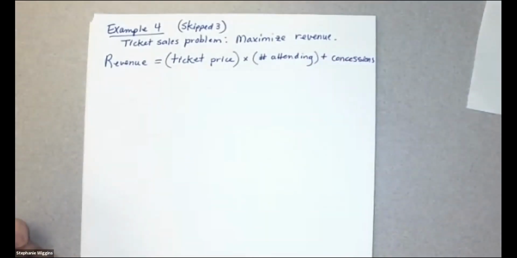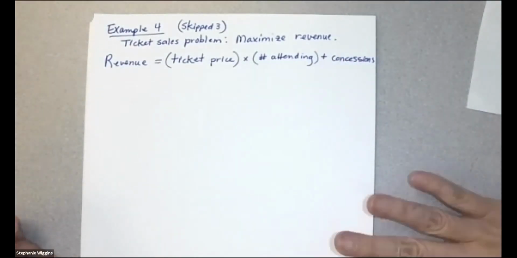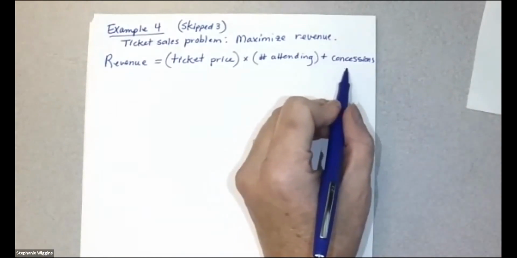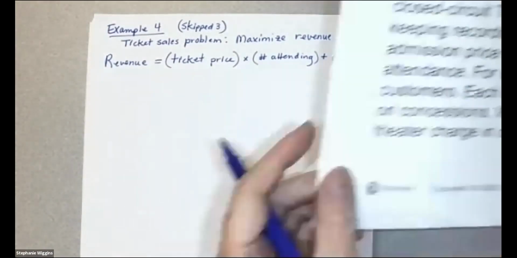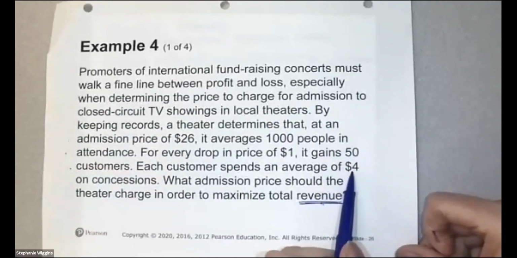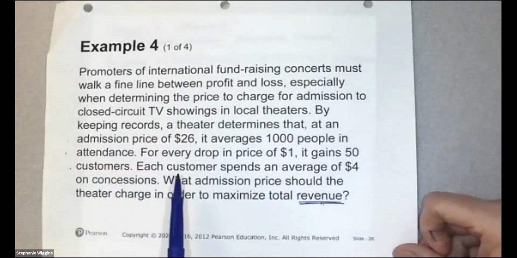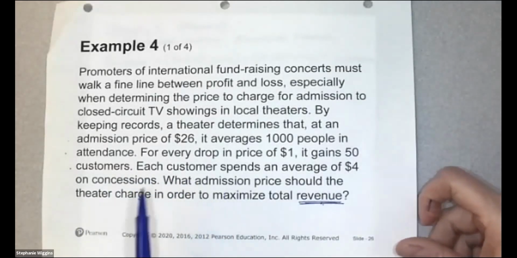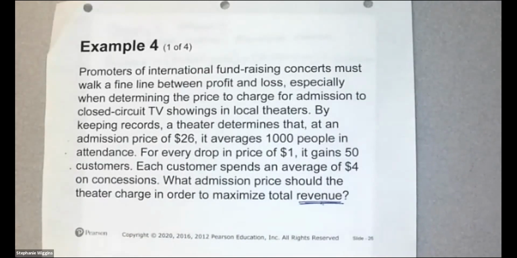We are given that the concession income is $4 for each customer that attends on average. So some people aren't going to spend any money and some people are going to spend more than $4, but on average, each person attending spends $4.